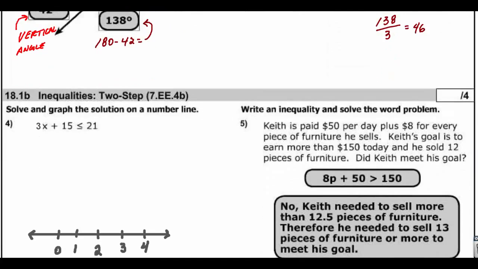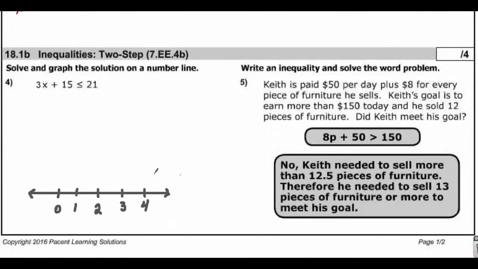All right, on to our inequality. So we're going to set this up just like we've been doing with our problems. Since this is a positive 3, we know that it is not going to end up changing the direction of the sign.